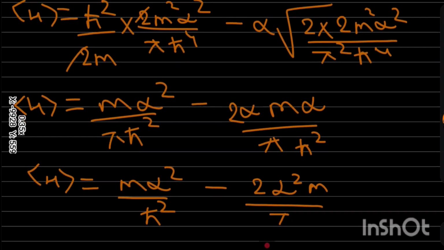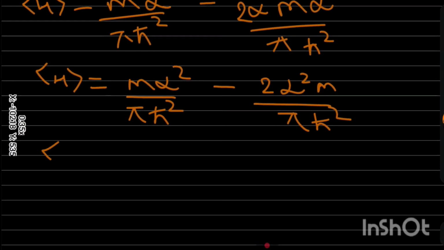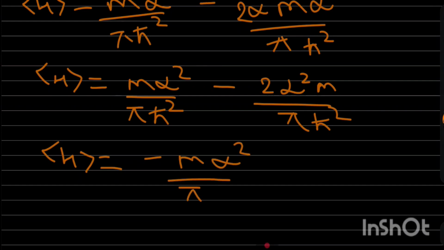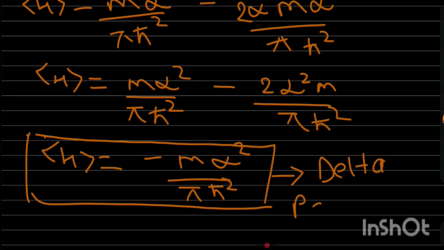Here I have not written π, sorry for this. And when you take the LCM, it will be minus mα² divided by πħ², and this is your lowest Hamiltonian for the delta potential. This is the expression that we have to find out, minus mα²/πħ².